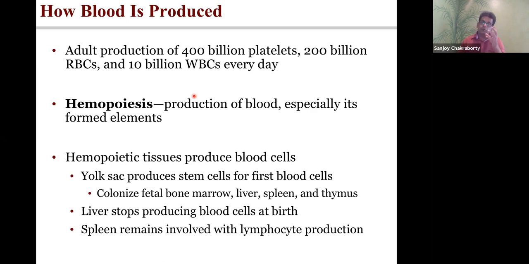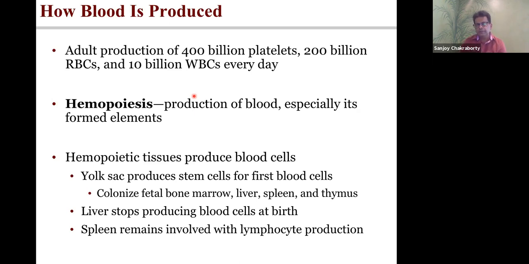Now, hemopoietic tissue, meaning the cluster of cells that are responsible for production of the blood, during fetal development is in the yolk sac, that typical yellow sac that is present right there. From the yolk sac, the first group of stem cells go and settle down in the bone marrow, the liver, the spleen, and the thymus.